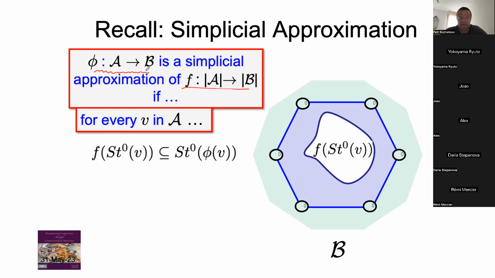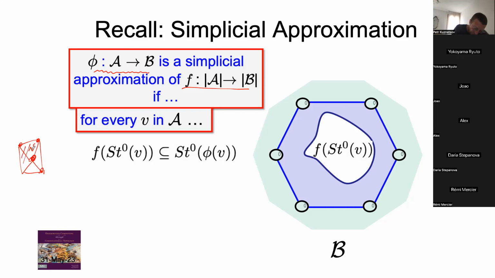Anyway, if there is a continuous map F from A to B, I will call phi a simplicial approximation of F if, for every vertex V in A, I take the open star of this vertex, which is a subset of the geometric realization of A. The open star is the interior of all simplices of A containing V. Remember what it is? Take this set of simplices; this is V, for example.